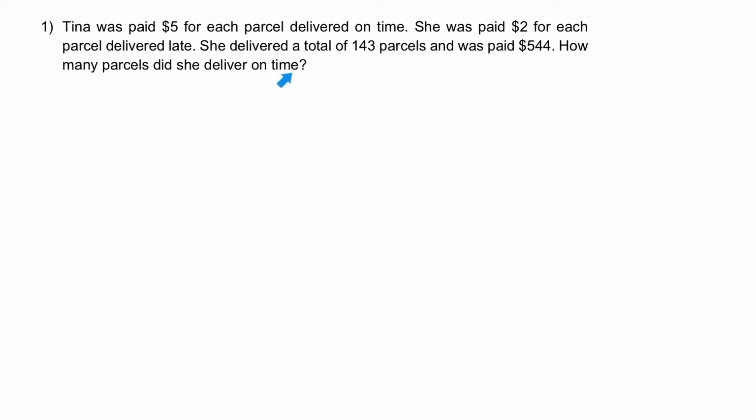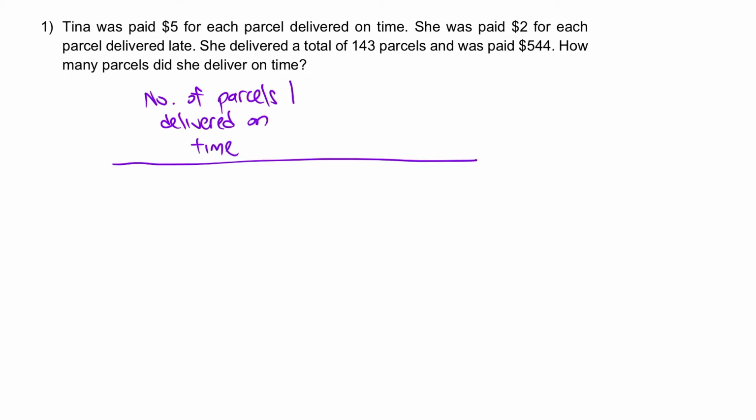And the way we do assumption method is to do out a table and to list down systematically. So let me show you. Let's construct a table first. Number of parcels delivered on time. Alright, this is the first column.